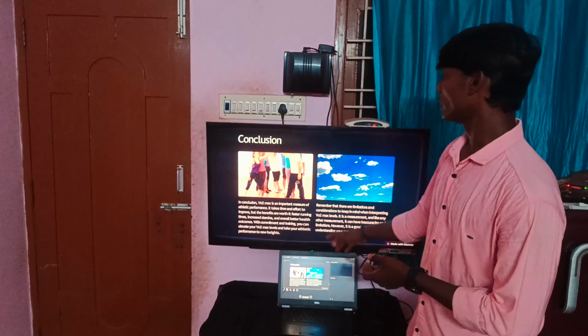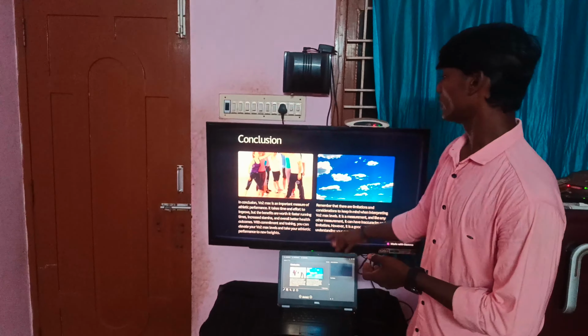So, in conclusion, VO2 max is an important measurement of an athlete's ability to perform. For every athlete it is essential to develop their VO2 max level, to endure their activity and get the best result in it.